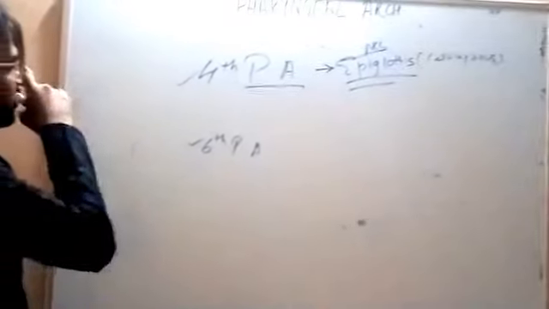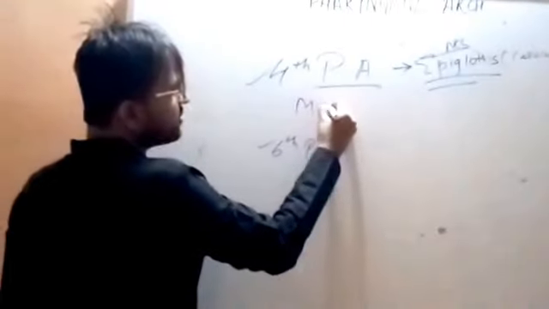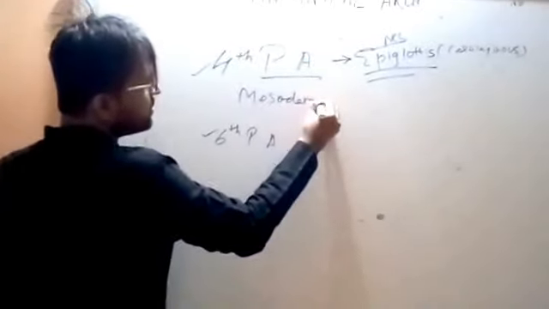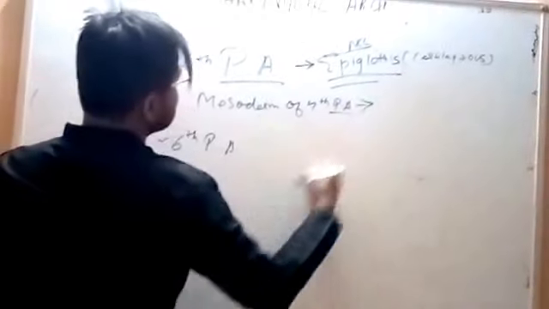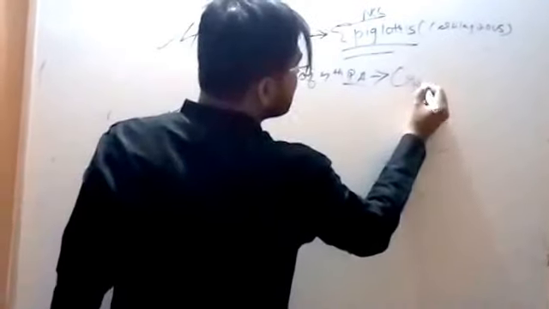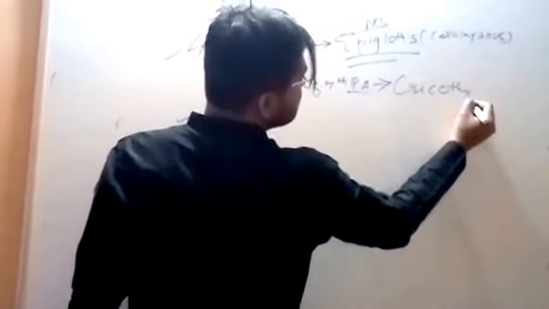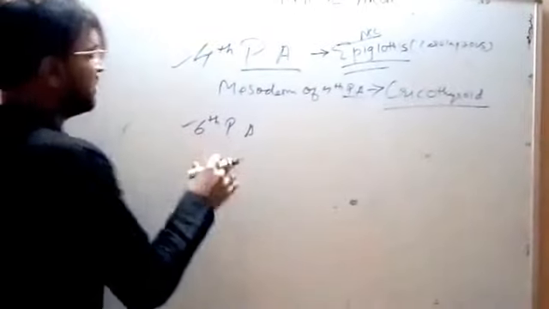And the mesodermal fourth pharyngeal arch gives rise to one muscle, that is cricothyroid. Rest other muscles are supplied by sixth pharyngeal arch.